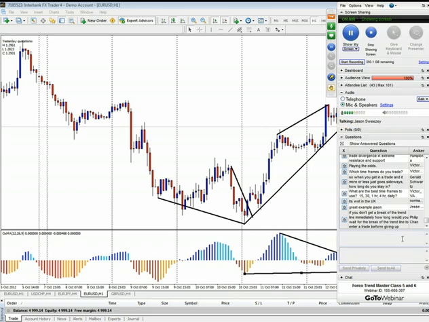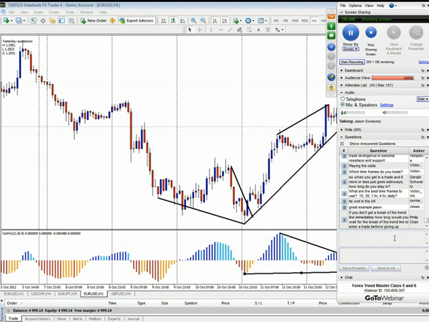Okay, do we have any more questions? If you don't get a break of the trend line immediately, how long would you wait for the break of the trend line to enter a trade before giving up? Well, like I was saying, you really don't want to go past about 20 candles, okay?